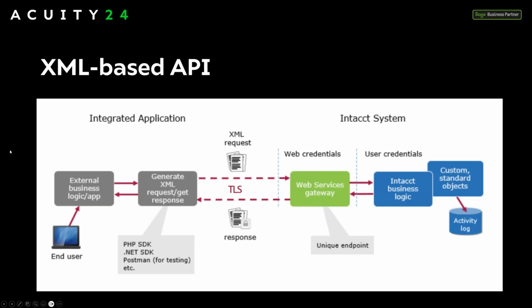All right, so the XML API diagram in Sage Intacct will look like this. So I'm just going to leave this screen over here just for the users to see the flow. Right, then I'll move on.